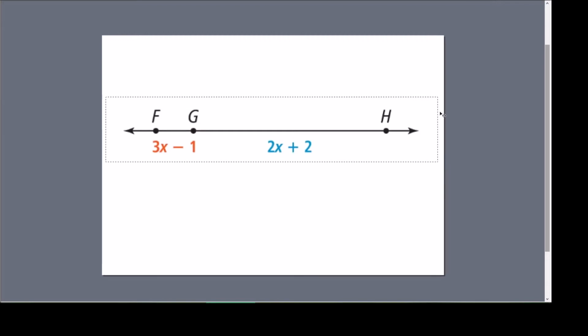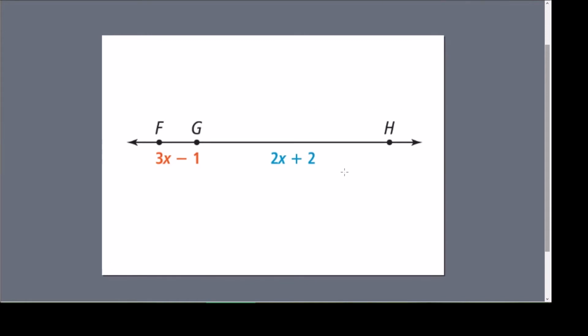So let's fill that in. So this is 16. So we know to go from G to H, we have to move 16 units. We also know to go from G to H, we have to go 2x plus 2 units. So what we can say is 2x plus 2 is equal to 16.